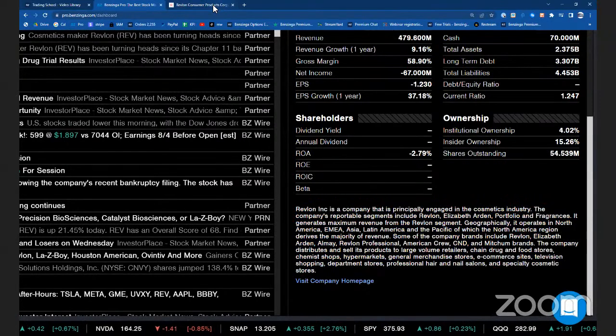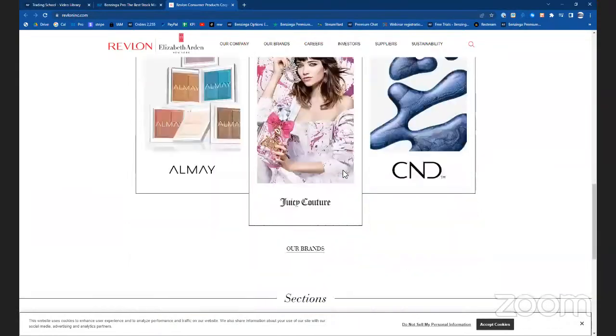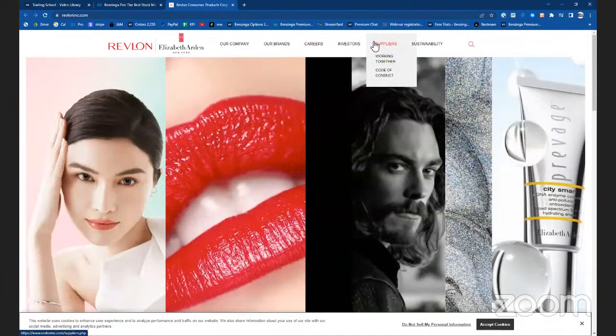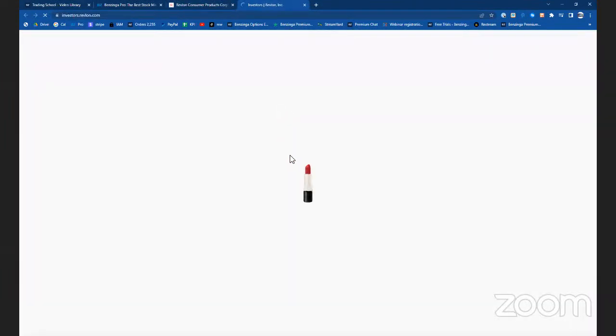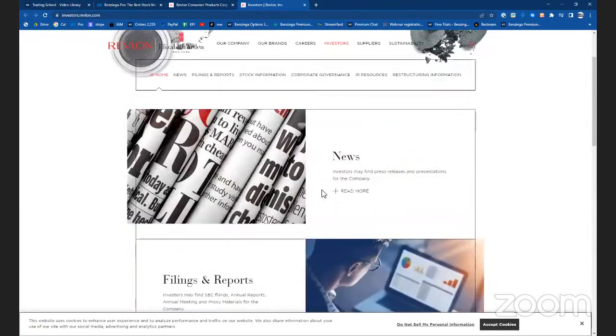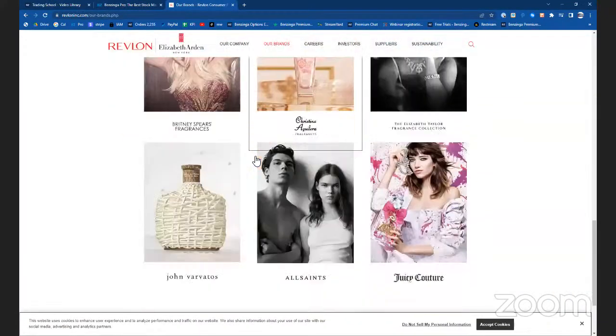It has a link to go to the homepage. So you can pretty much see what's going on there. What do they do? It looks like they have investor relations right there. And you can see all the stuff. I think they have Britney Spears signed up, I don't know. But yeah, this is where you can find a lot more about the company, if you want to learn more about their makeup and stuff like that.